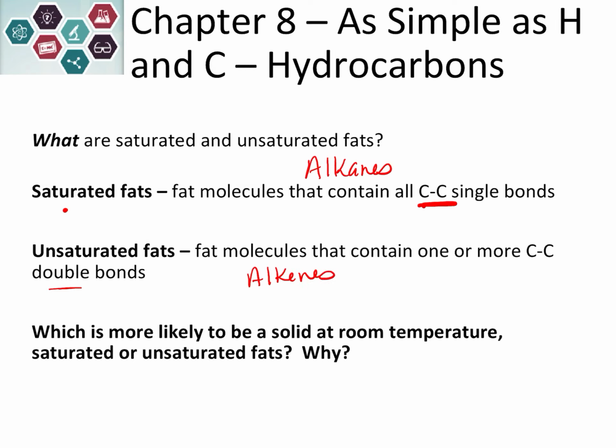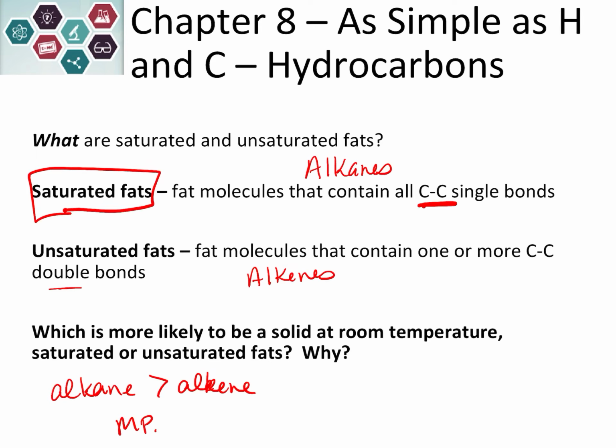Just like we ranked boiling points, we can think about melting points as well. So the alkane is going to have a higher melting point than the alkene. So that means the alkane, or the saturated fats, are more likely to be a solid at room temperature. Higher melting point, you have to heat to get it to melt into a liquid, versus a low melting point where it might already be a liquid.